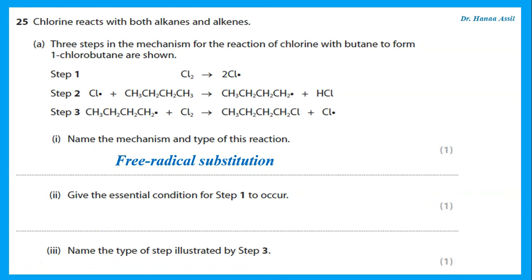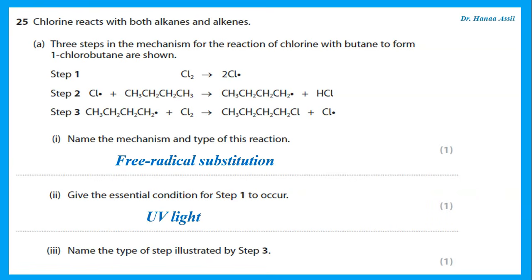You should remember this is a free radical substitution reaction in which the first step is the formation of 2 free radicals. Now, what is the essential condition for this to happen? In order to break up the Cl-Cl bond, I need ultraviolet light.